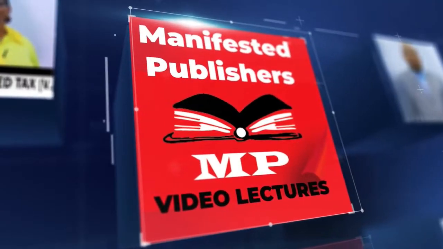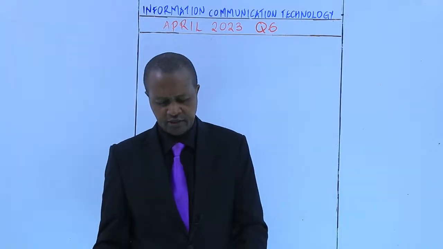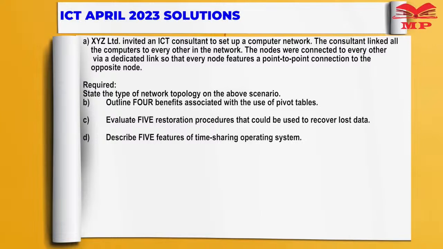Hello and welcome to the revision of the ICT paper that was examined in April 2023. Today we're going to answer question number 6. Part A reads, XYZ Limited invited an ICT consultant to set up a computer network. The consultant linked all the computers to every other in the network.